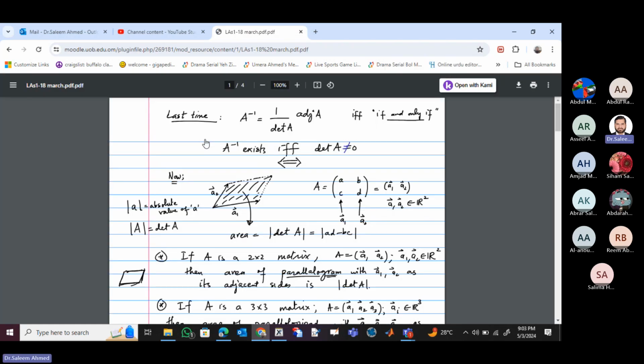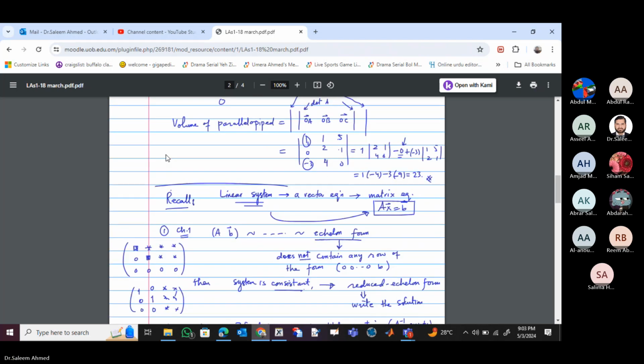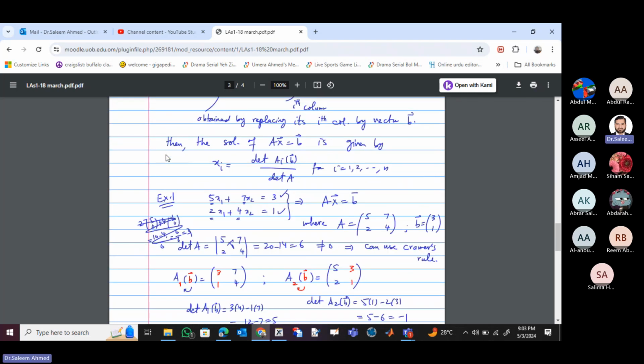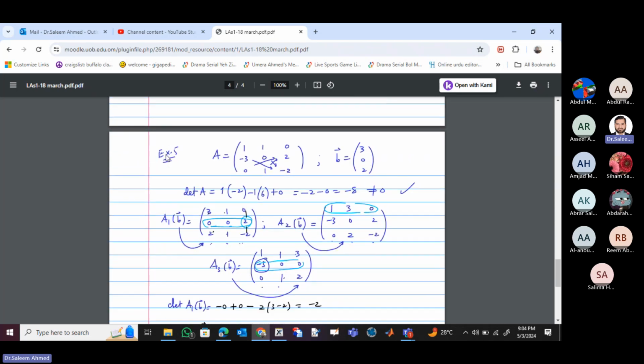So see here, this is about the determinants. This is the Cramer's rule. I did this 2 by 2, and I think there will be a 3 by 3 as well here. So exercise 5 was 3 by 3, which is done here. So I wrote A and B.